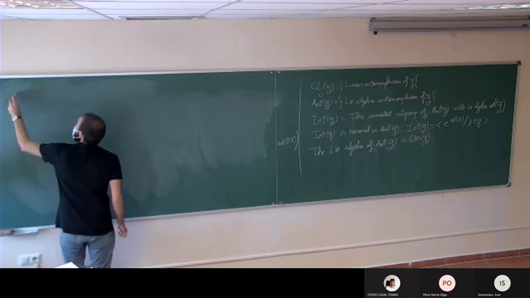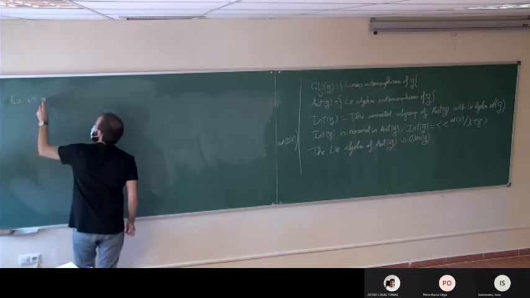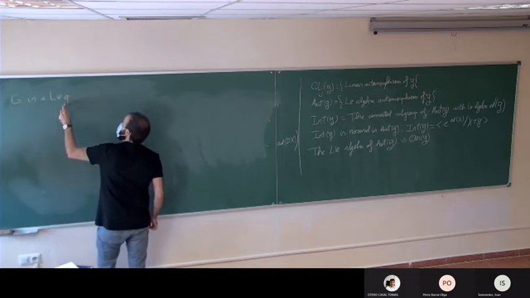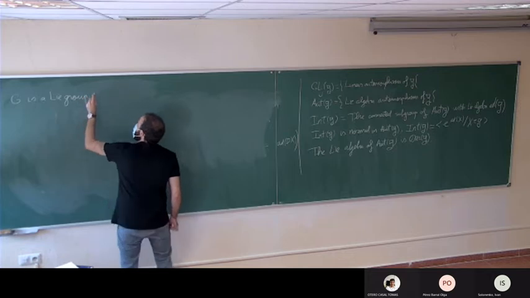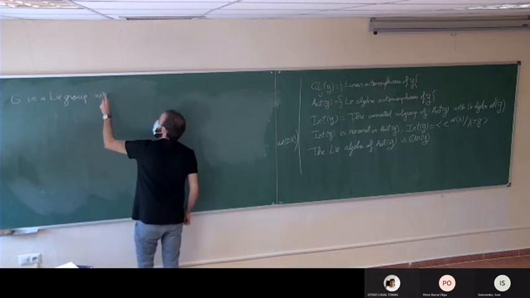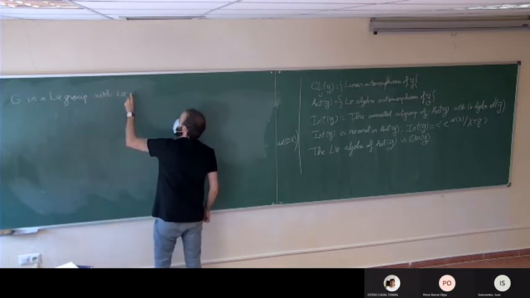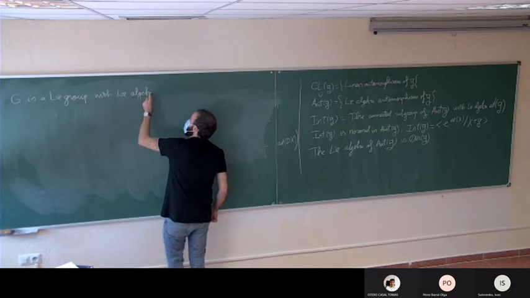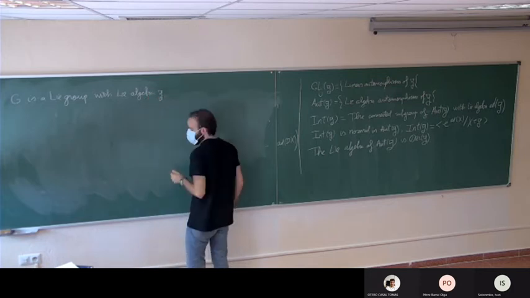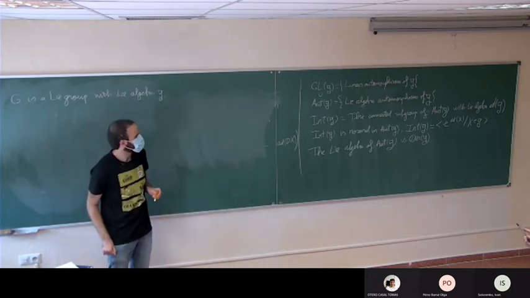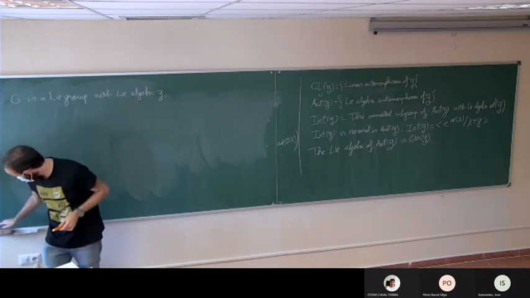Now, suppose that G is a Lie group with the algebra g. Sorry, can you explain that last bit again? Okay.